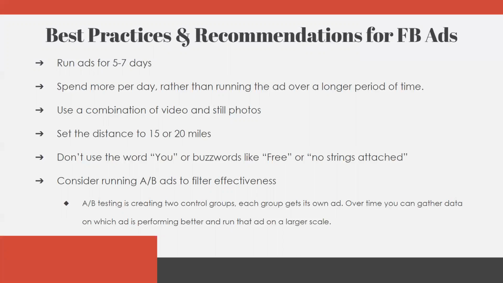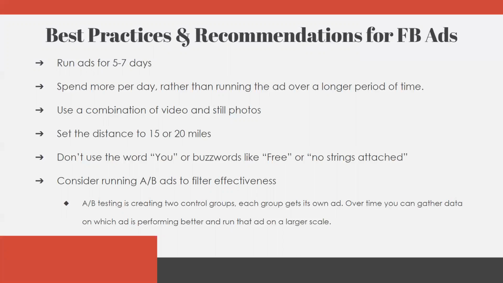And then I would consider running A/B ads to filter effectiveness. Now, these are control groups. So you create two different ads. They can be similar, but a little bit different. Then you send one ad to group A and the other ad to group B, let it run for a week, 2 weeks, however long you want, and you're collecting data on that.